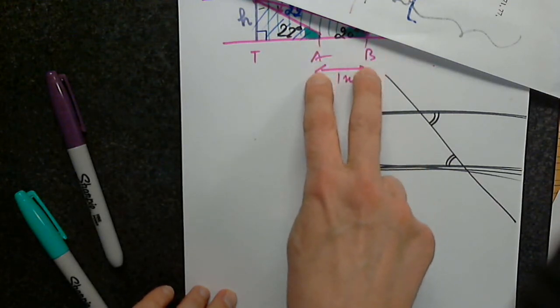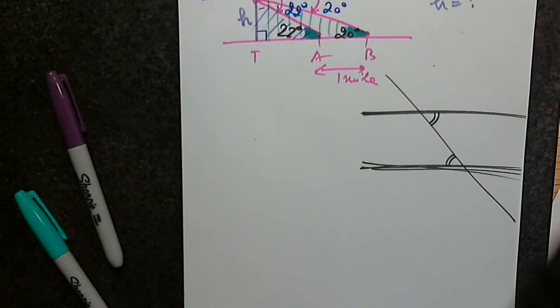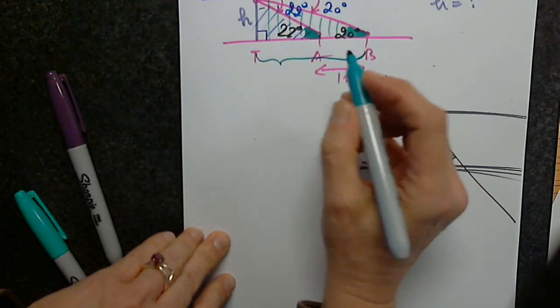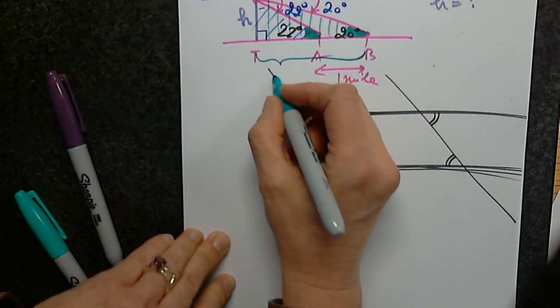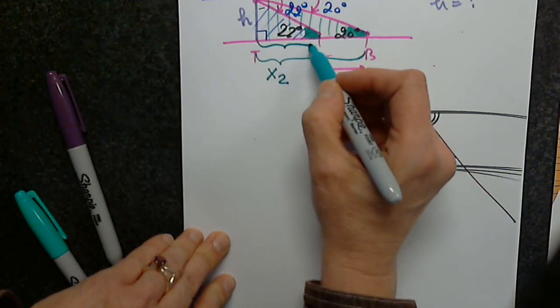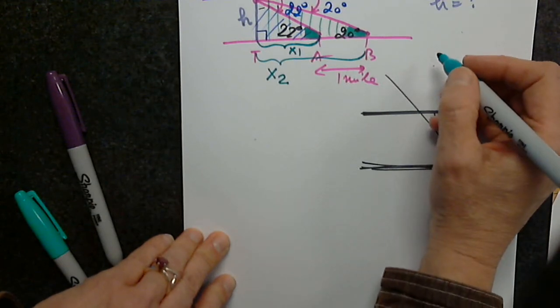Because I have this, what can I write? I can call this piece x1 and I can call this piece x2, and I know something about x2 and x1.